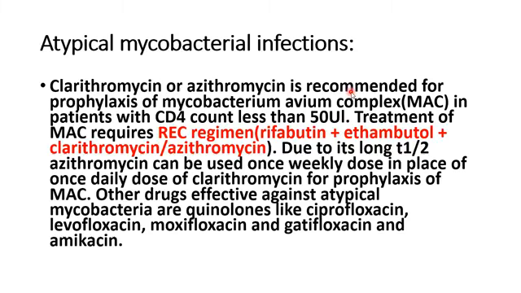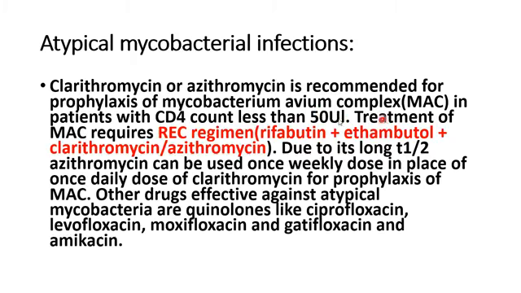Coming to the treatment for atypical mycobacterial infections, I have told you that the drugs of choice are REC. Remember, rifabutin, ethambutol, and clarithromycin or azithromycin. So the clarithromycin and azithromycin is recommended for prophylaxis of your MAC infections with CD4 count less than 50 international units.